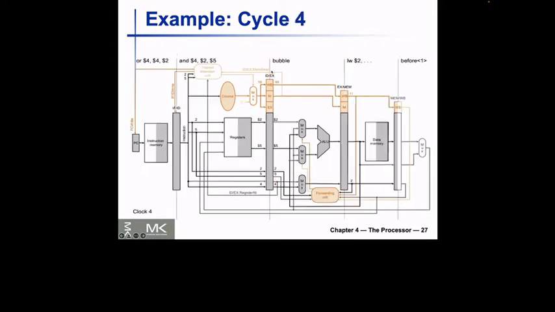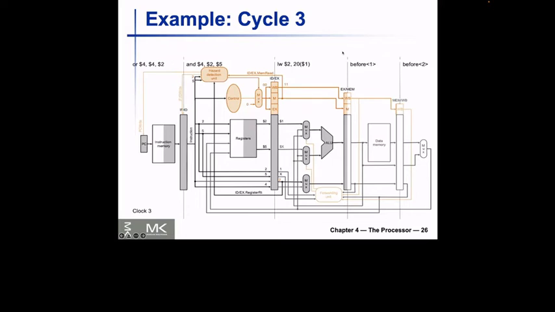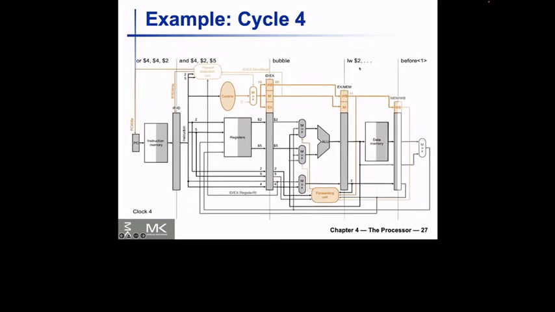Okay, so at the next clock cycle, the load word is in the memory access stage. But in the third stage here, essentially the CPU is doing nothing because all the control signals are 0.